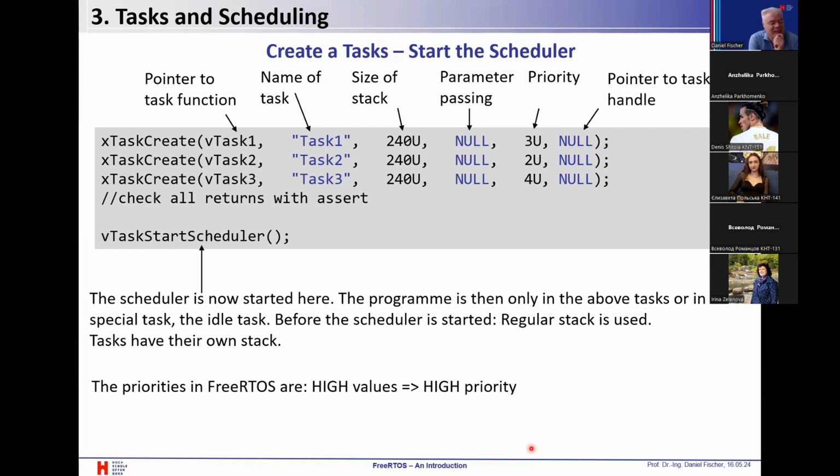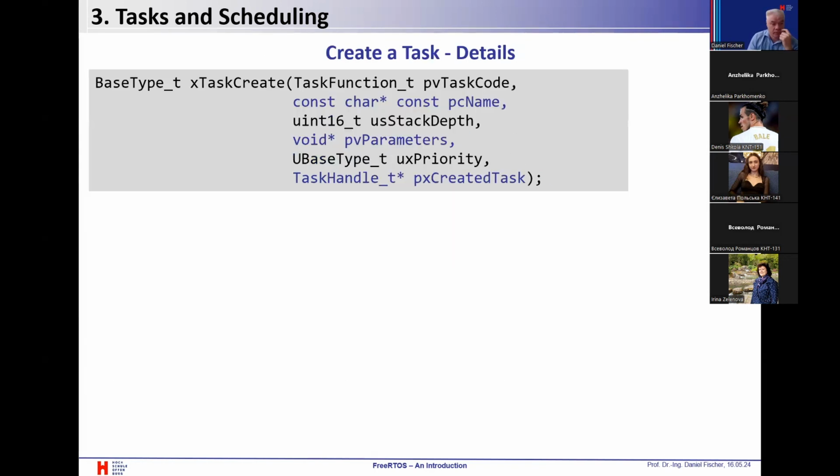Unfortunately, on Cortex microcontrollers, for interrupts, it's completely the opposite. So sometimes it's not clear to my students what the meaning of high values is. But here in FreeRTOS, it's like we humans think: high values, high priority.